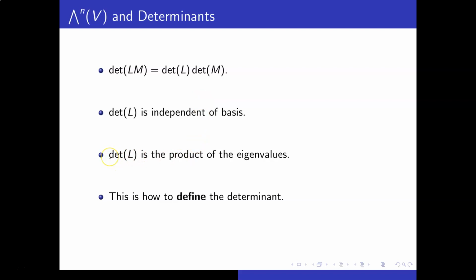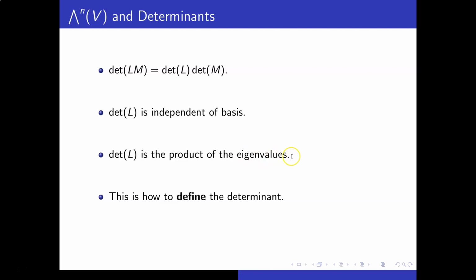Likewise, if your linear map is diagonalizable, then I can find some basis that represents it with the eigenvalues down the diagonal. Then if I push that to the determinant, that's going to be the product of the diagonals.